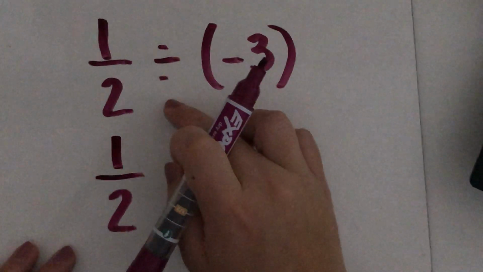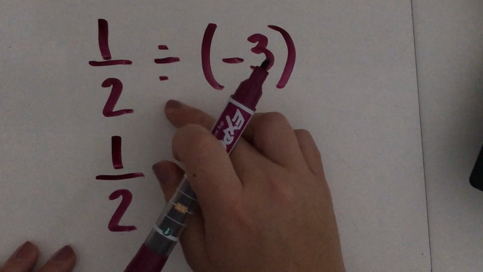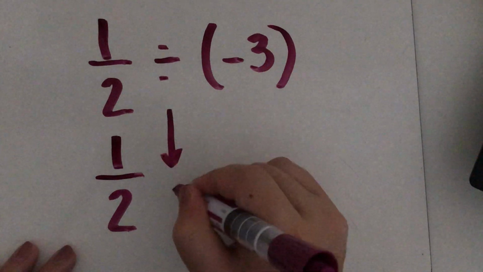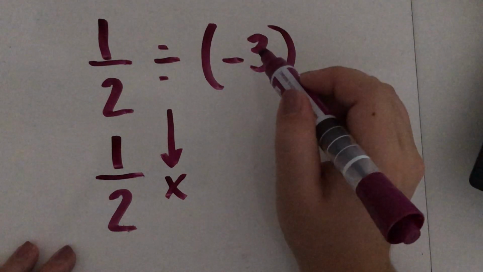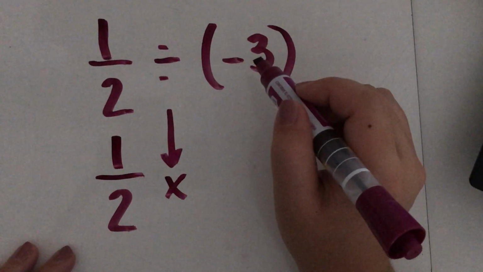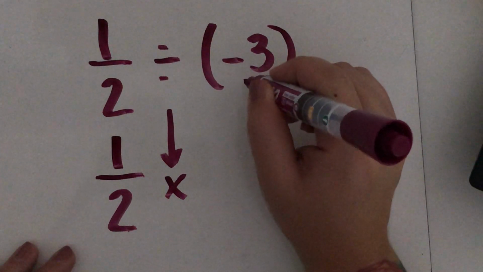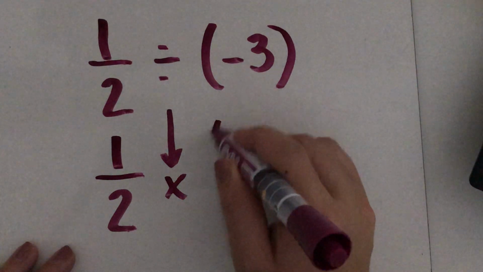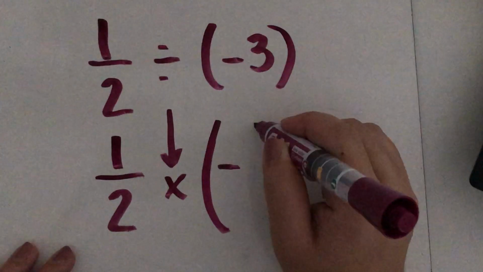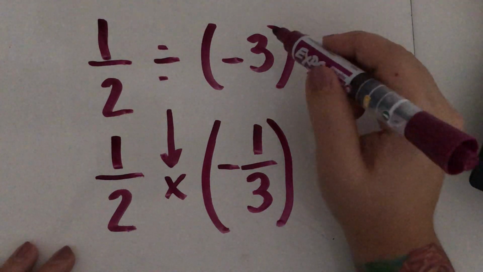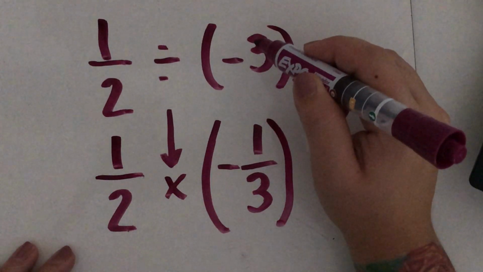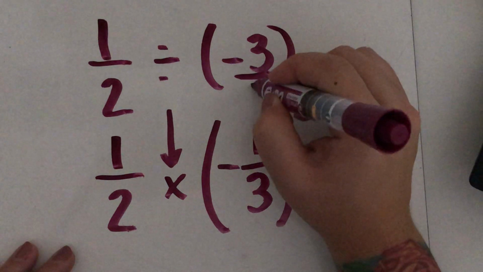I'm going to now change this division sign to a multiplication sign. And this negative 3 is now going to become what? It's going to be a negative 1/3. Remember, guys, whenever we see a whole number in fraction form, it's always over 1.